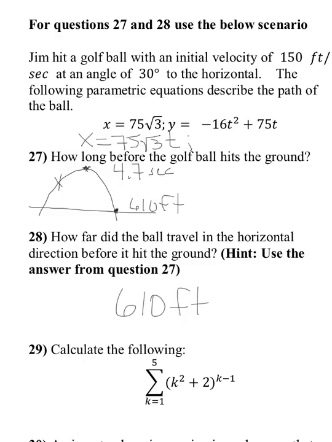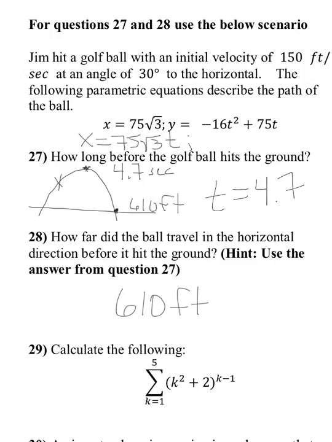Another way you can get this answer for the horizontal direction, it says, hint, use the answer from question 27. Once we have our 4.7 seconds, that's our t. So we know that t equals 4.7 or somewhere in there. You can plug that value in for t into your equation and solve for x.